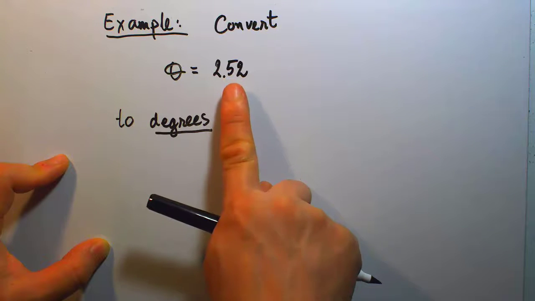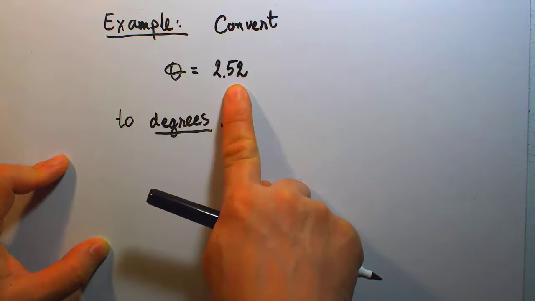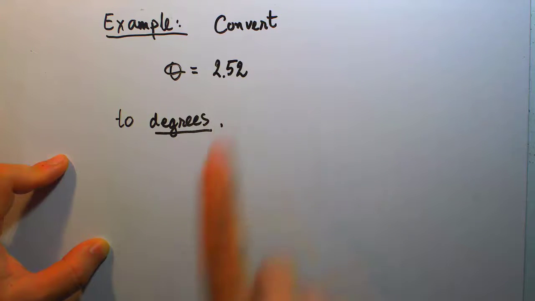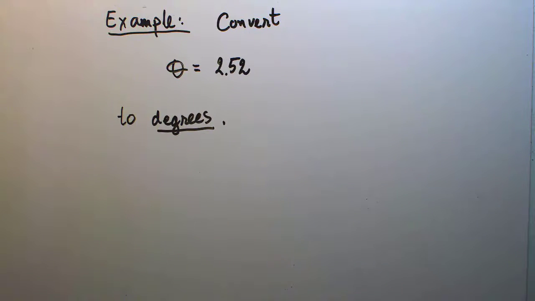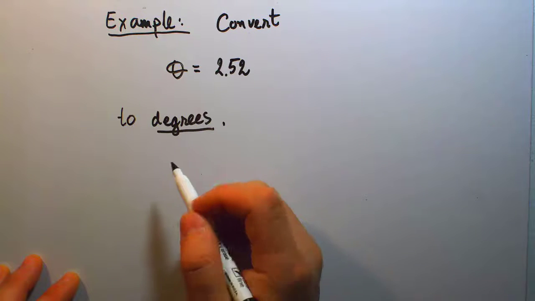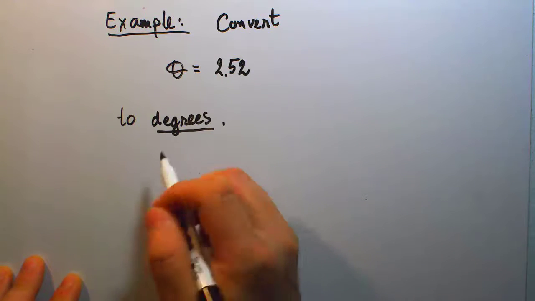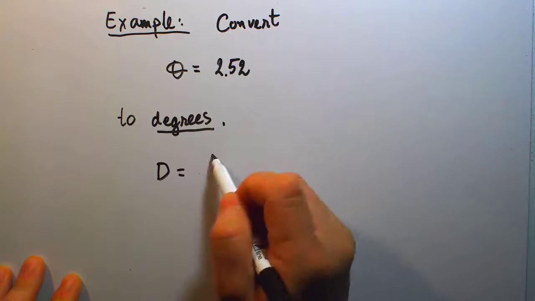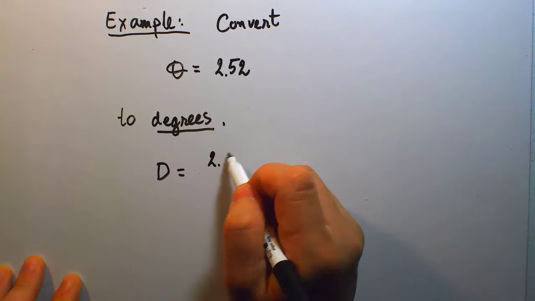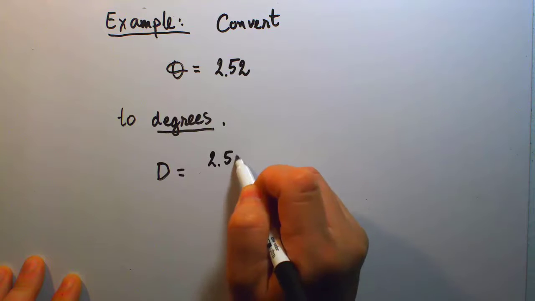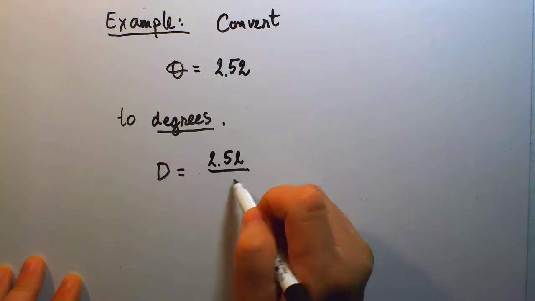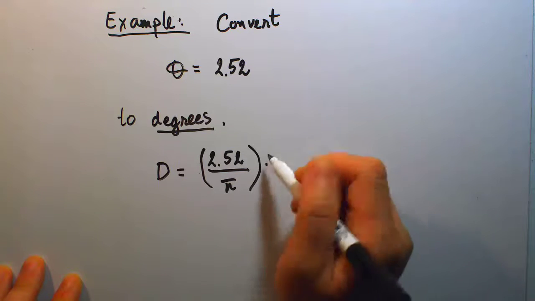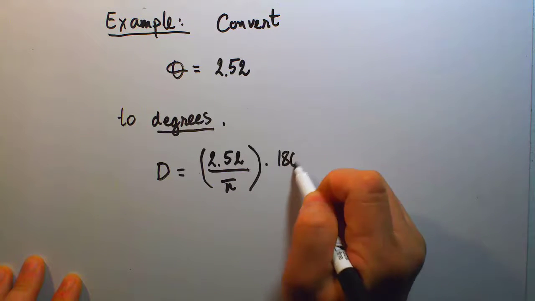So just to clarify, 2.52 is already in radian units. So we're just simply going to use the formula. The degrees here are going to be found by the given angle in radians, dividing by pi, and multiplying that with 180 degrees.